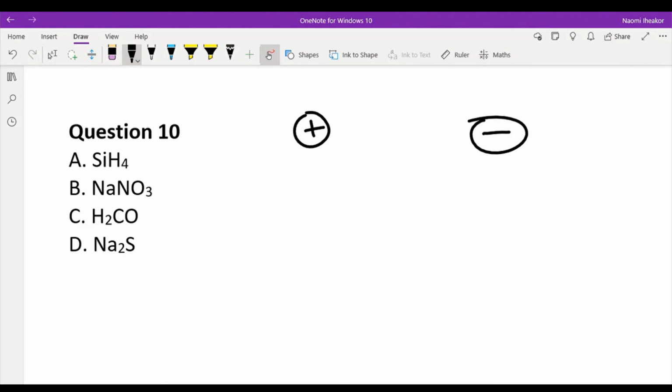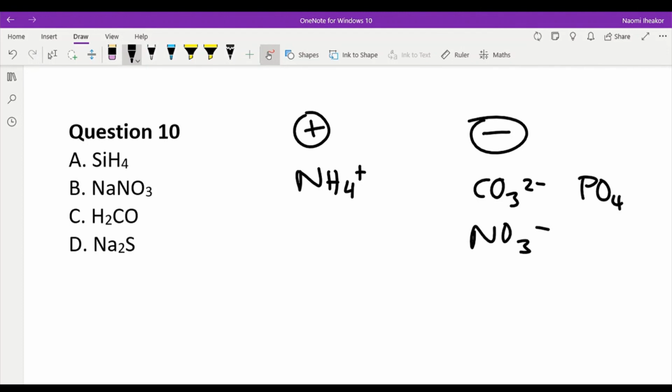So for example, the ones you should know for positive is NH4 plus, so that should do for positive. For negative, we've got CO3 2 minus, we've got NO3 minus, we've got PO4 3 minus, we've got OH minus as well, got SO4 2 minus.